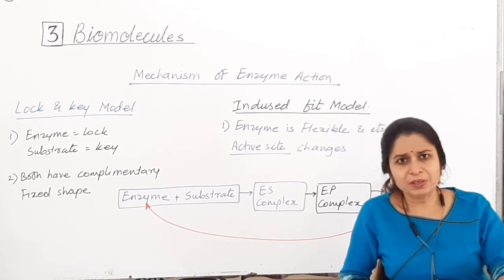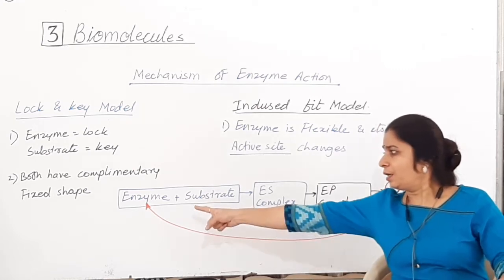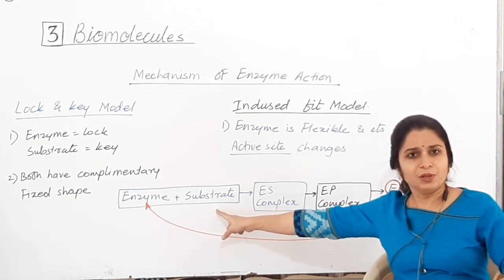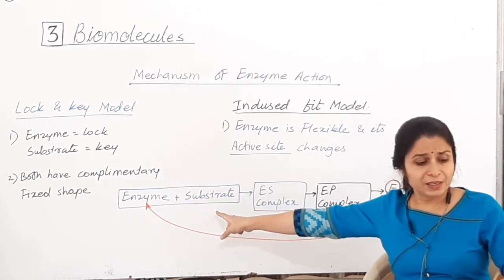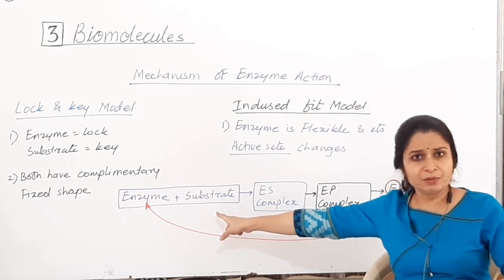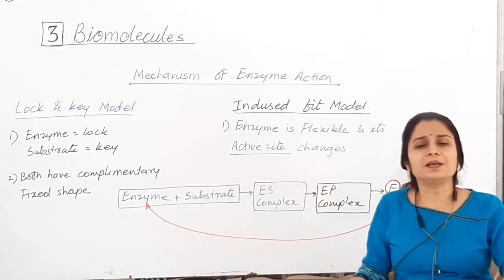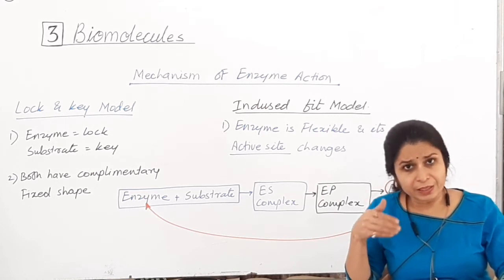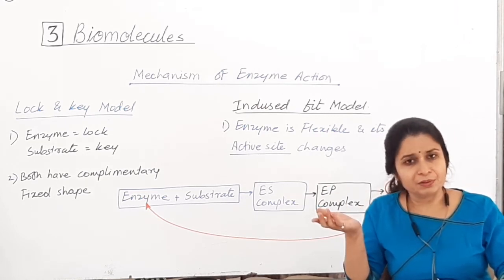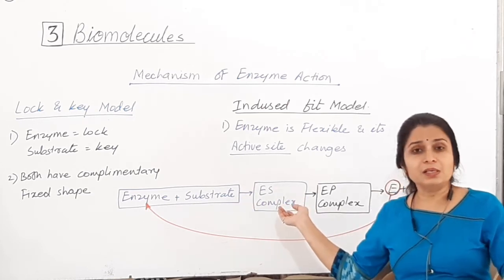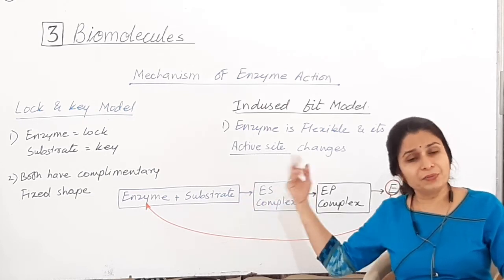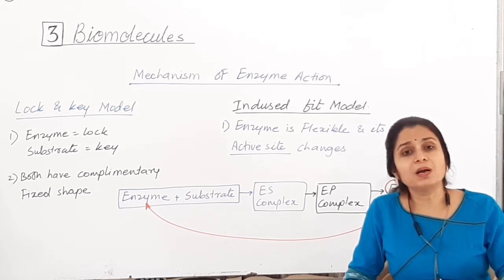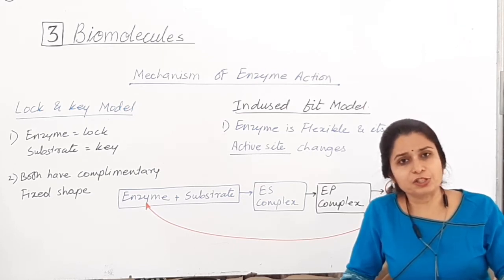For example, if 10 enzymes are reacting with 100 substrate, and you are getting 10 end products per unit time, but you increase the temperature by 10 degrees, then instead of getting 10, you will get 20. So production of product will be doubled after the rise in temperature.